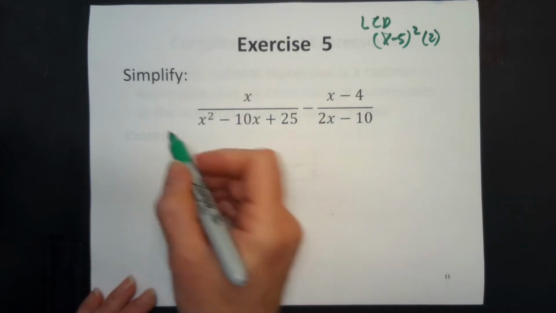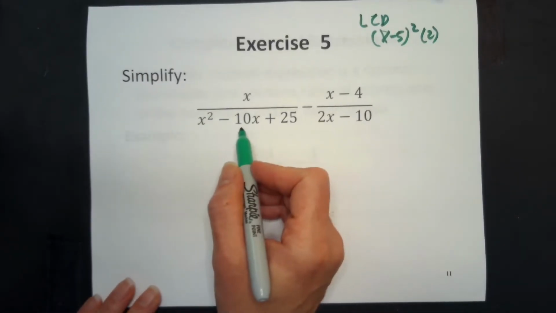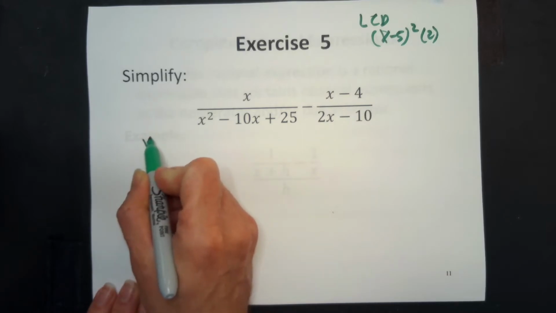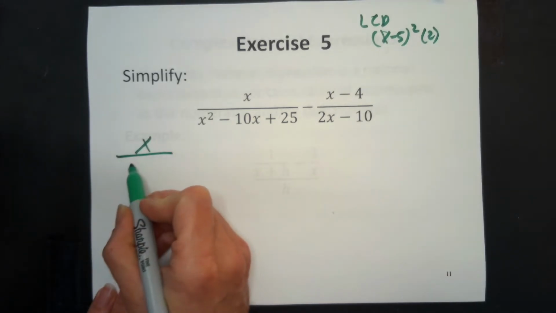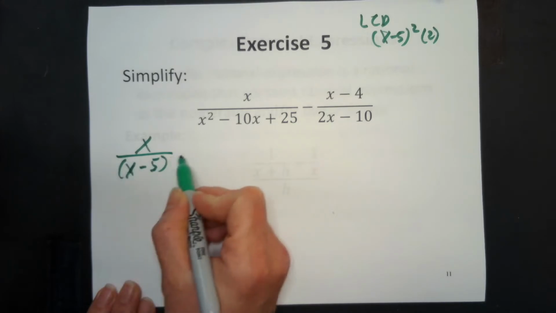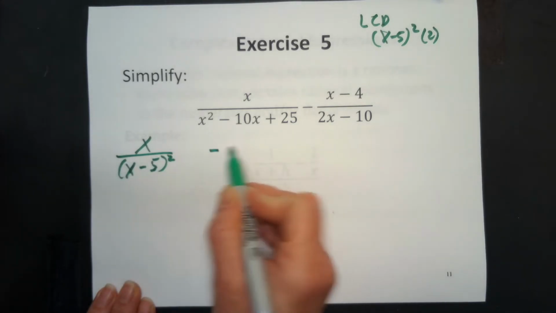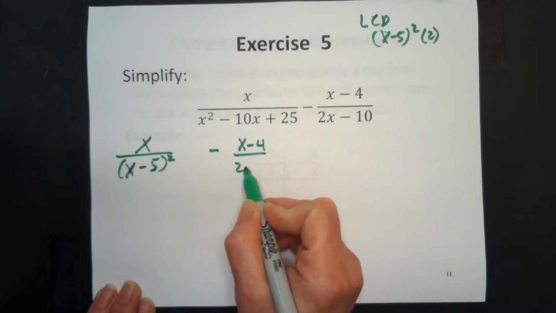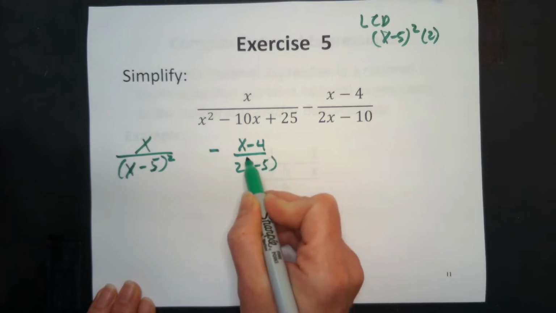Since I've already factored the denominators, I'm going to use that information. So I'm going to have x over x minus 5 quantity squared, minus x minus 4 over 2 times x minus 5.